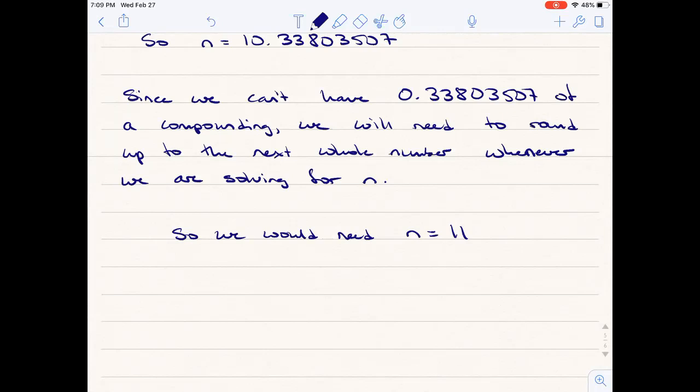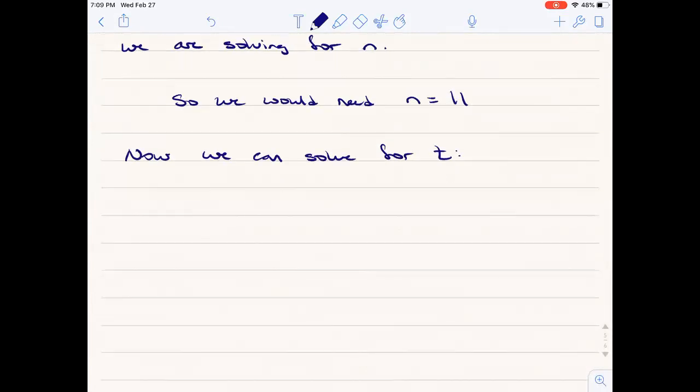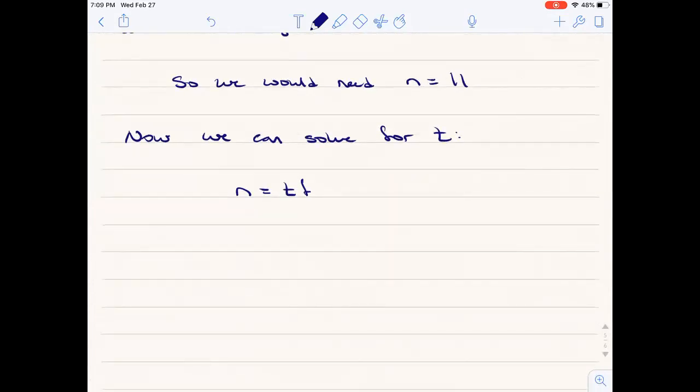N is time times the frequency, but now we're solving for T instead. N is time times the frequency, and we're forcing N to be 11. T we want to solve for. And F, what was it? Semi-annually, so 2. Okay.